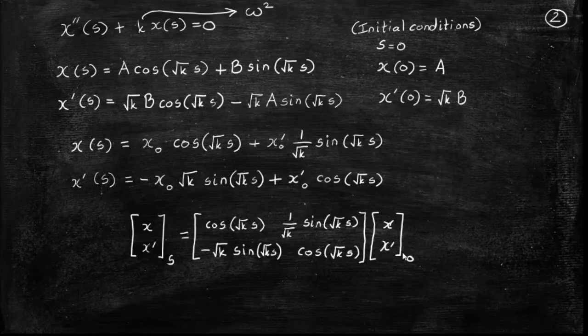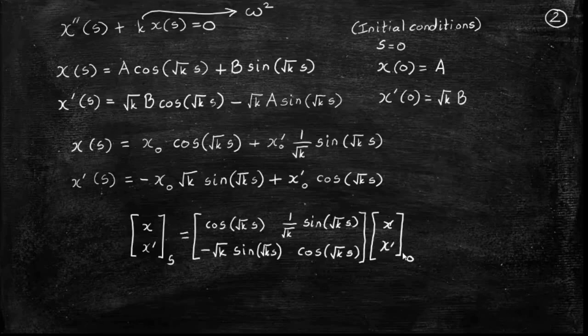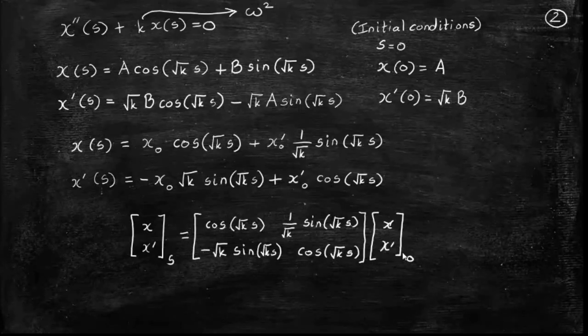Once you have got that, if you tell me at the input of that particular region what is the value of x and x prime, I can tell you what it will be at the output of that region, whether it is a drift region or a bending magnet or something else. Okay. All right.